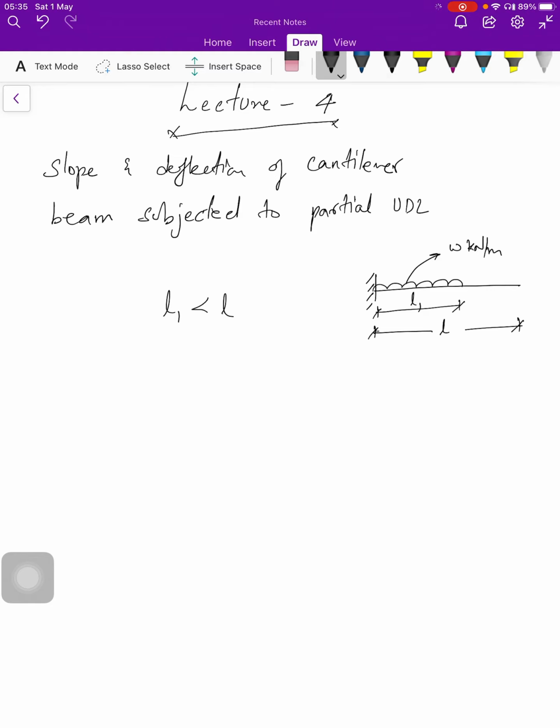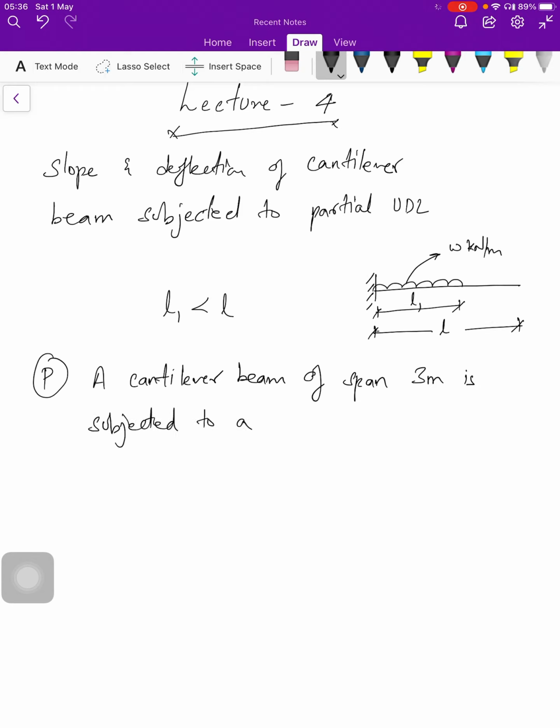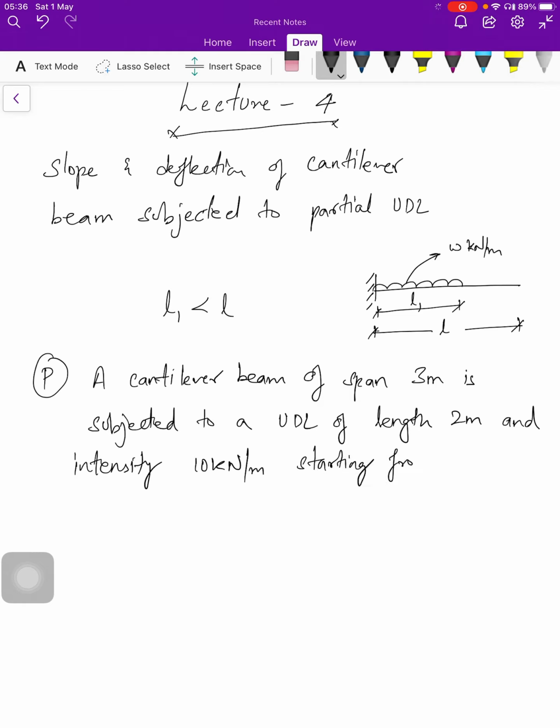So consider a problem. A cantilever beam of span 3 meters is subjected to a uniformly distributed load of length 2 meters and intensity 10 kilonewton per meter, starting from the fixed end.